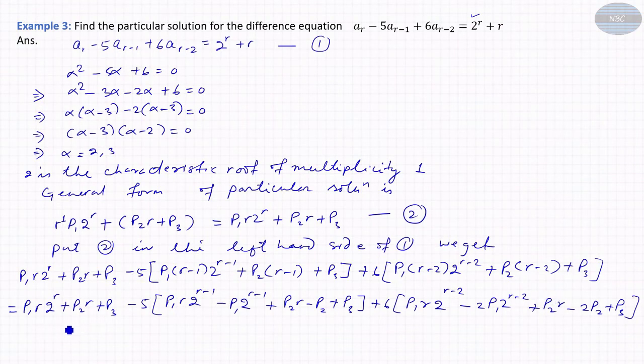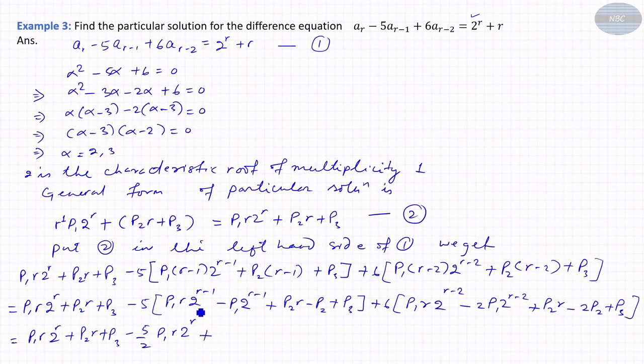So this is p1 r 2 to the power r plus p2 r plus p3. Now open this bracket. So 2 to the power r minus 1 is equal to 2 to the power r divided by 2. This will be 5 by 2 p1 r 2 to the power r.